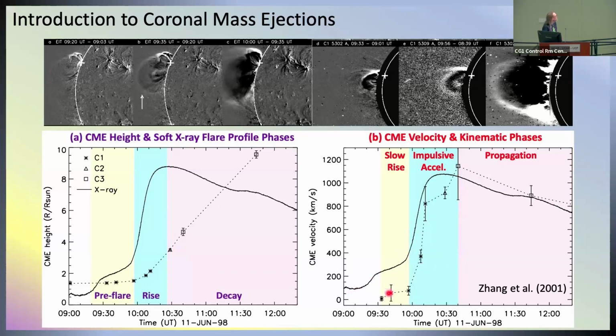There would be a slow rise phase, and then an acceleration phase, but it would be 100 to 400, and over the same or even longer periods. So it's a much more gradual evolution, but it's essentially the same picture.